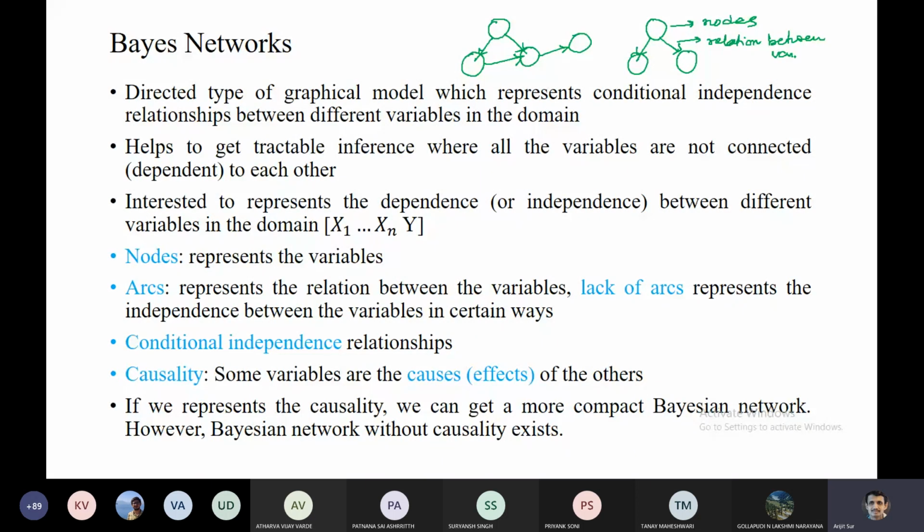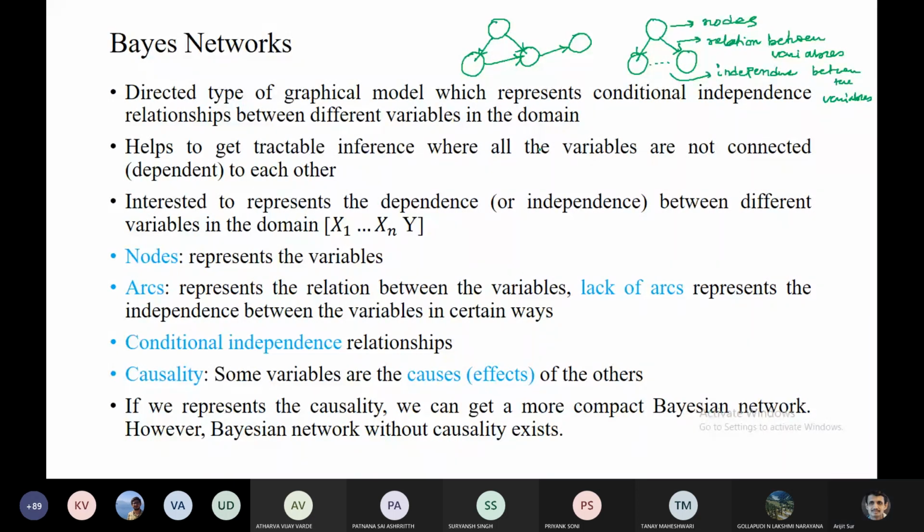And since there is no arc in between, the lack of arcs represents the independence between the variables.